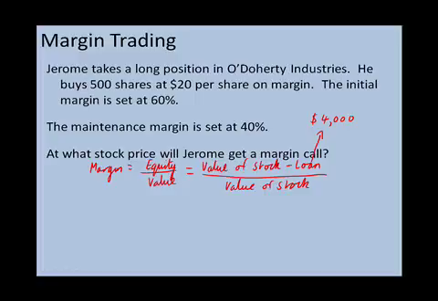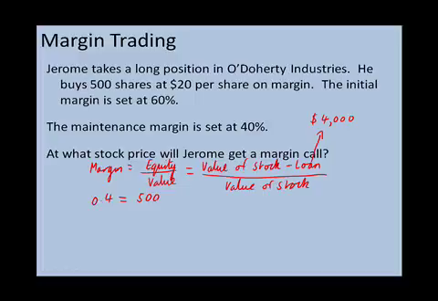Now we've just got to fill the numbers into this formula so that we can calculate the stock price that Jerome will get a margin call at. The margin call will occur if the margin hits 40%. And we know that Jerome bought 500 shares. What we don't know is the price of those shares.